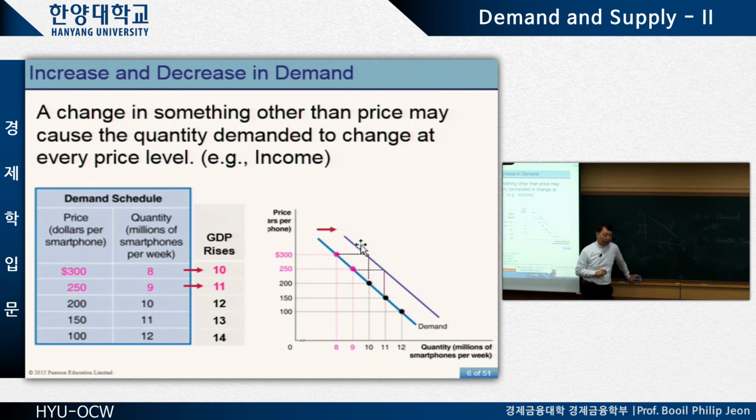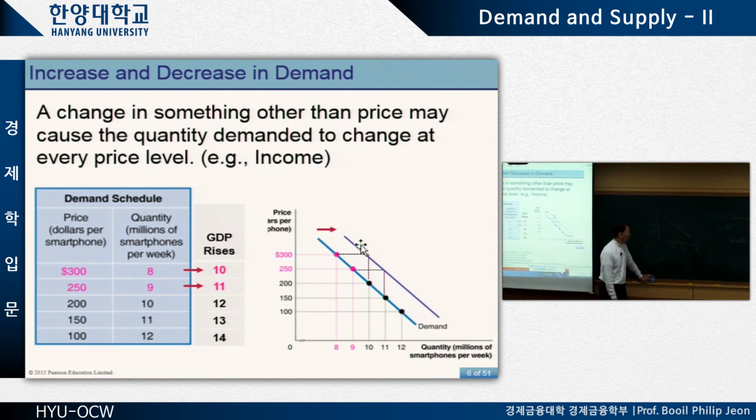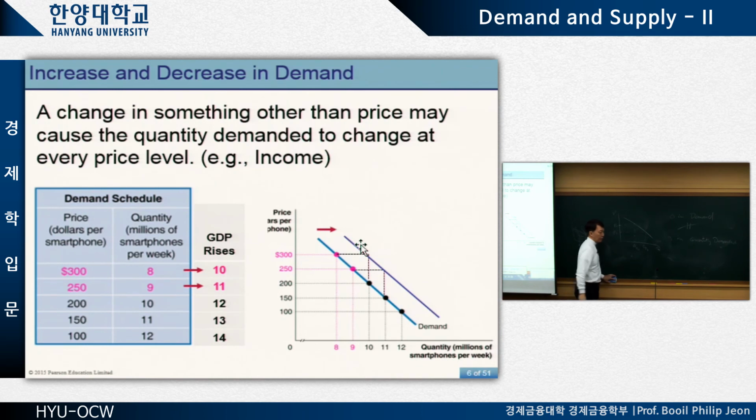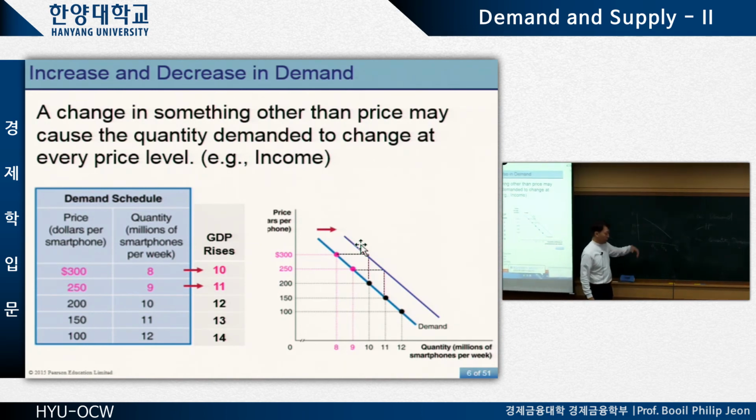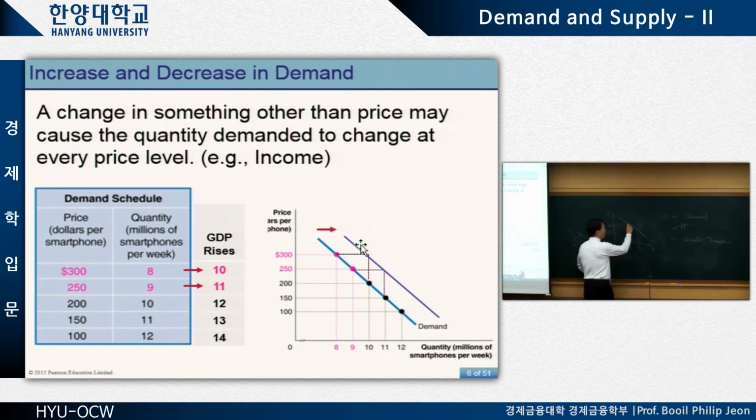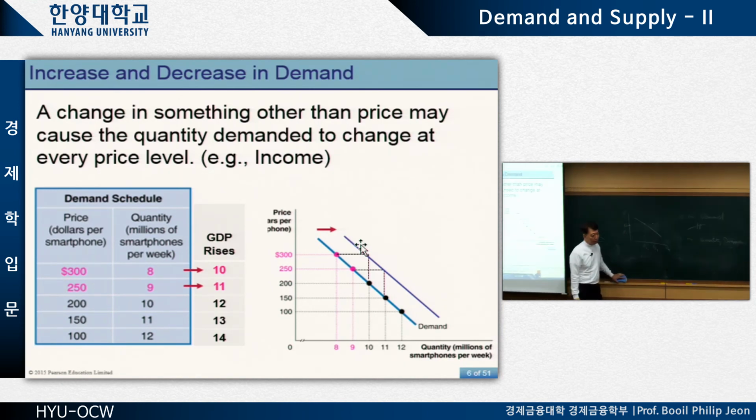Then suddenly, even if the price was the same, let's say this is the demand for smartphones, and usually people get something like $500, or some people get $2,000, as a check from the IRS. So suddenly they have extra money. Then even at the same price, the quantity demanded may be larger, at any price, whatever the price may be.